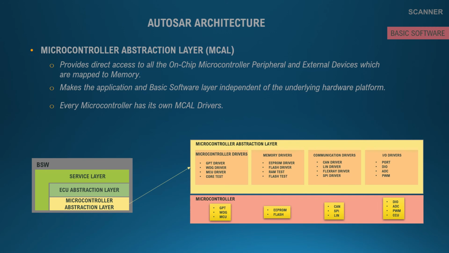MCAL drivers need to be configured based on the requirement for the specific ECU. For example, a microcontroller may feature 2 or 3 inbuilt CAN controllers, however the application might require only one CAN hardware to be configured. So the configuration of these MCAL drivers fully depends on the application requirements.